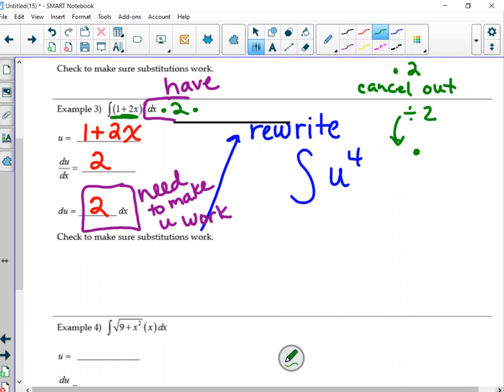Divide by 2 is the same as multiplying by a half. Keep, change, flip. So multiplying by a half, 10 times 1/2 is 5. 10 divided by 2 is 5. Multiplying by 1/2 has the same effect as dividing by 2.